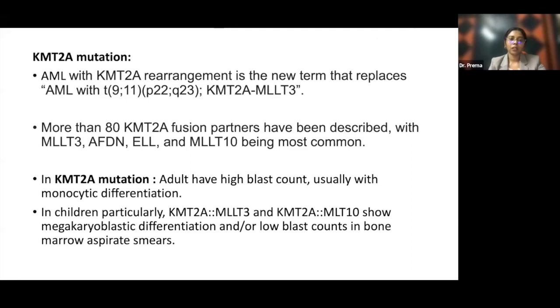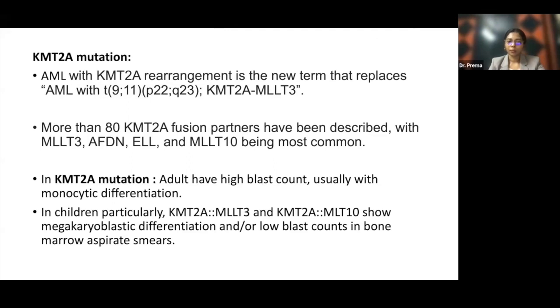AML with KMT2A rearrangement is the new term which has replaced AML with t(9;11). As I told, more than 80 fusion partners have been described, of which MLLT3, AFDN, ELL, and MLLT10 are the most common ones.